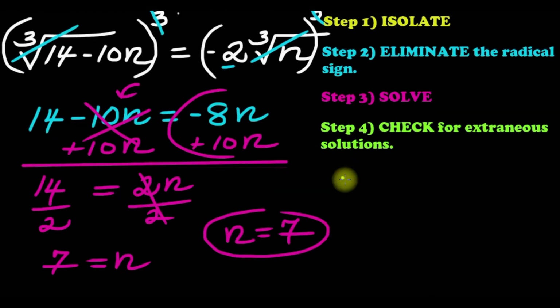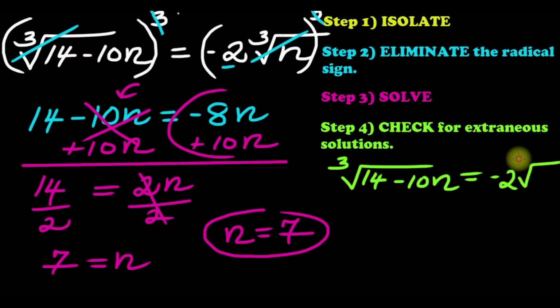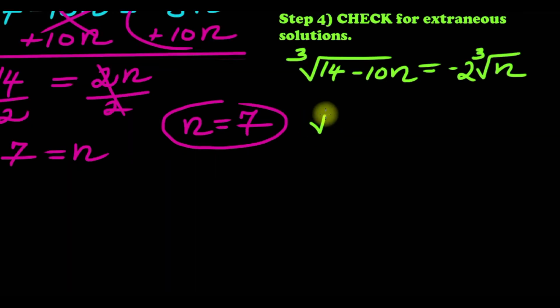So the original equation is cube root of 14 minus 10n is negative 2 cube root of n. So we're going to plug 7 in for n. So here we have cube root of 14 minus 10 times 7.